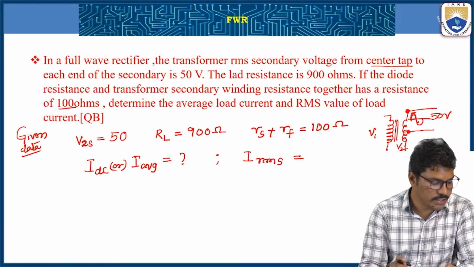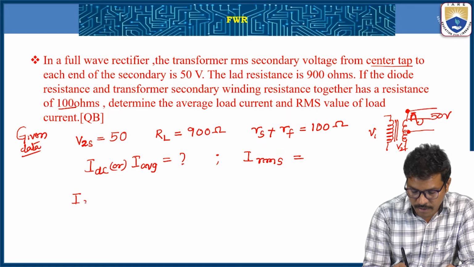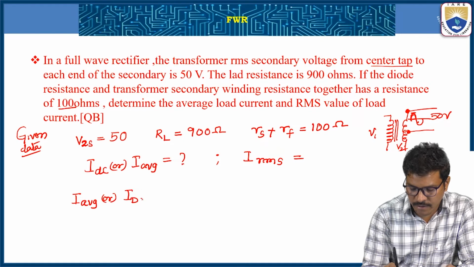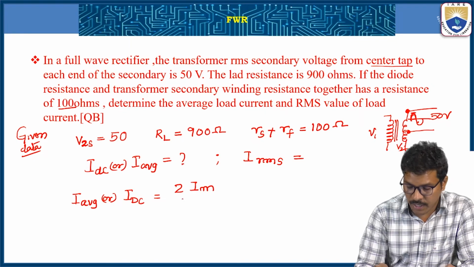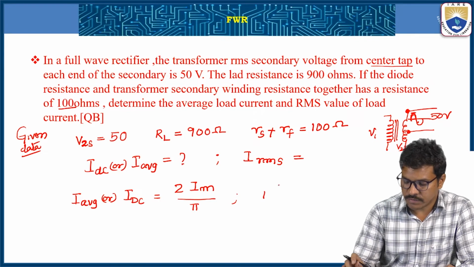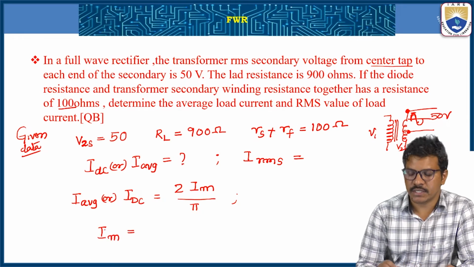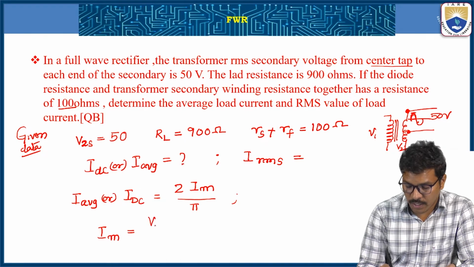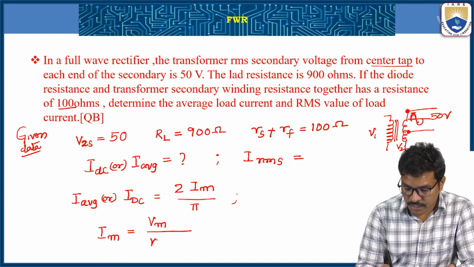The formula for I average or IDC is equal to 2Im by pi, where Im, the maximum current, is equal to Vm by Rs plus Rf plus RL.